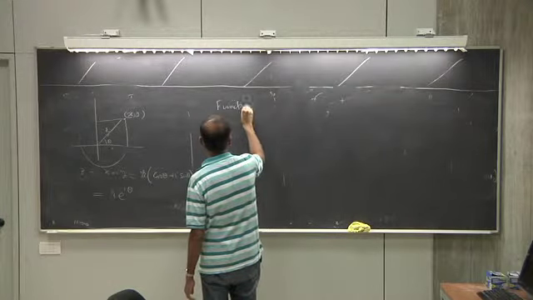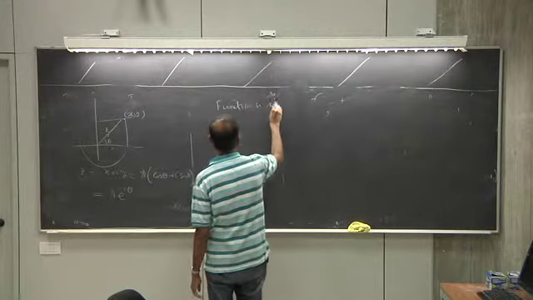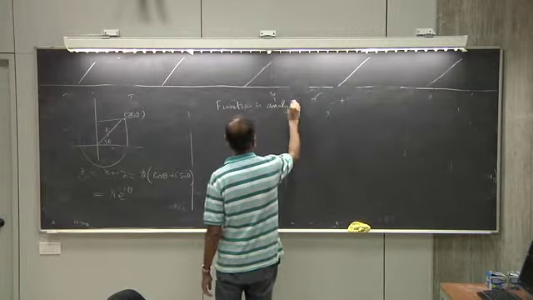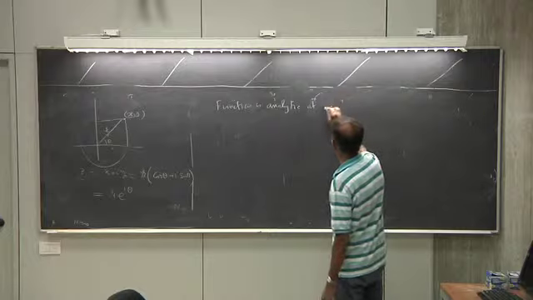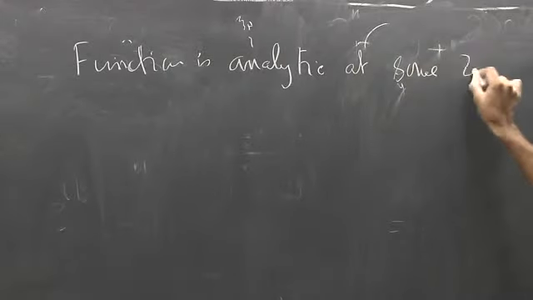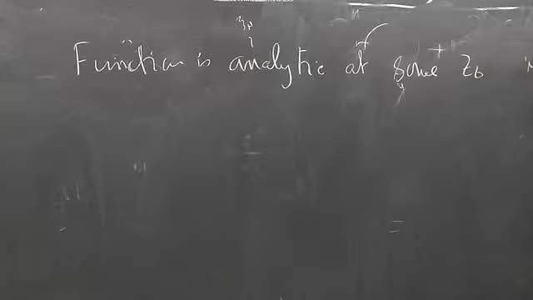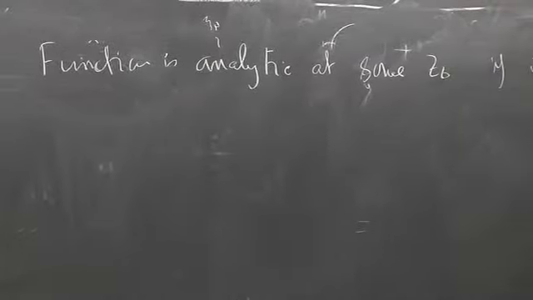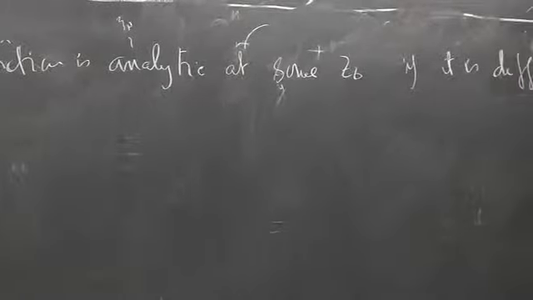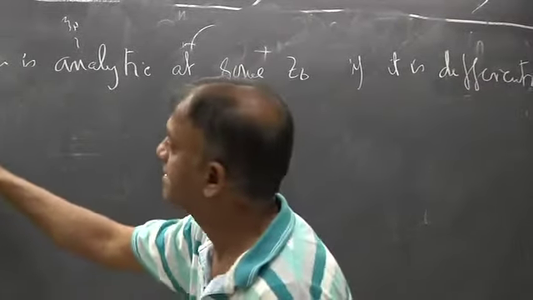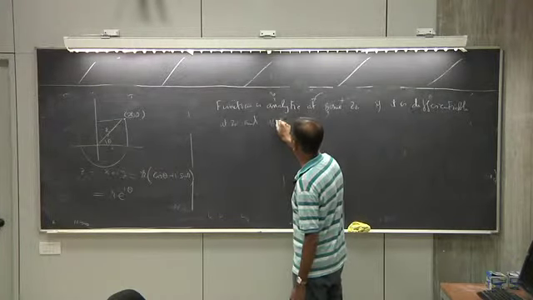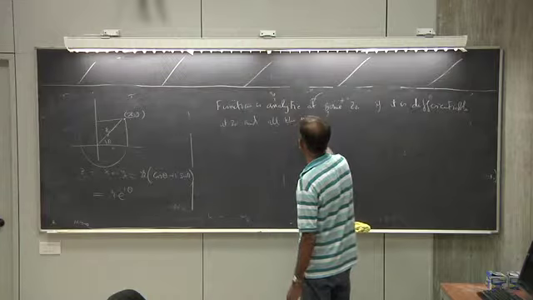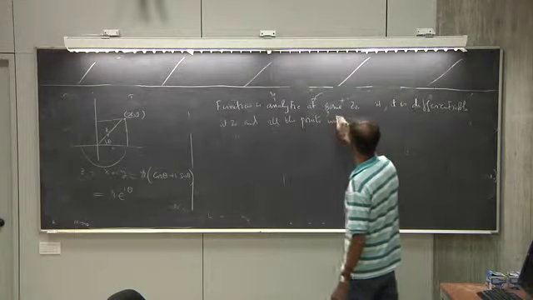A function is analytic at some point z naught if it is differentiable at z naught as well as at all the points in some neighborhood.